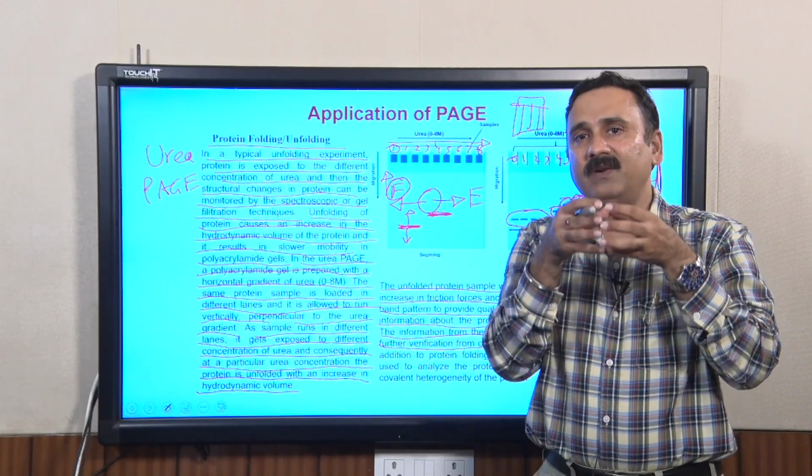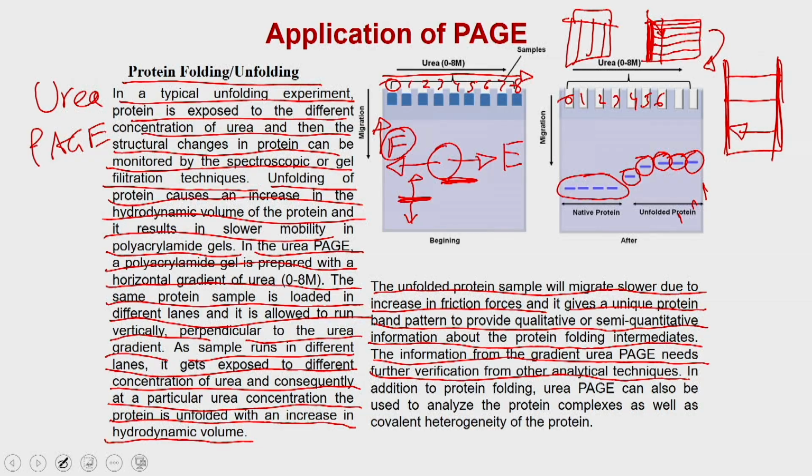You can imagine that if it is a monomeric protein, you will see this particular type of pattern. If it is a dimeric protein, the monomer is getting separated like this, and you will see more bands appearing, like 2 bands, 3 bands.